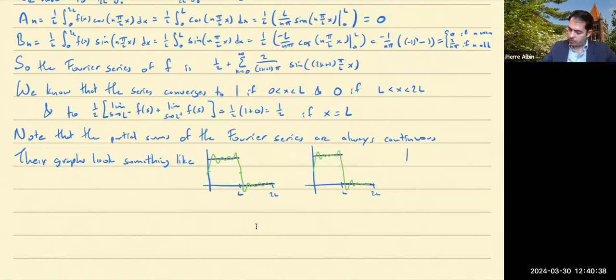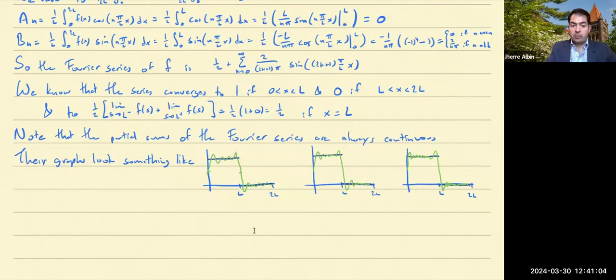And if you include even more terms, then it might look something like that.